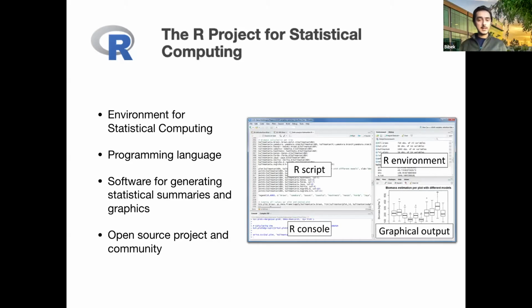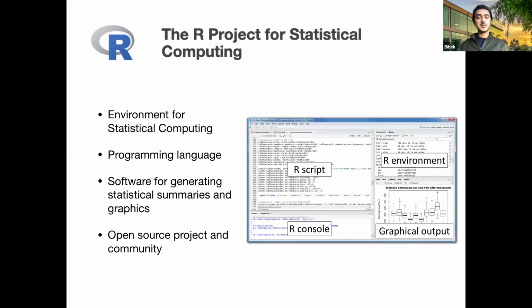And if you look at this picture on the right hand side, it shows you a summary of the different components of a typical R user interface on your computer. You can see already here that the tool you're using to do all this analysis is itself part of the R environment. On the top left, you have the script, which uses the R programming language.